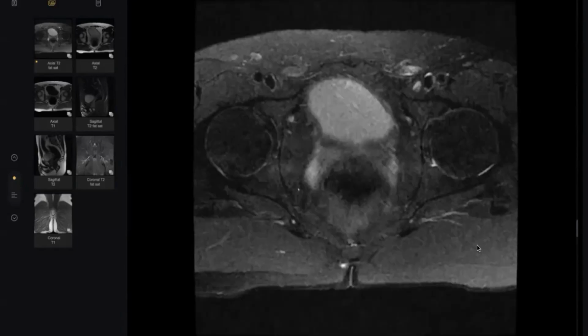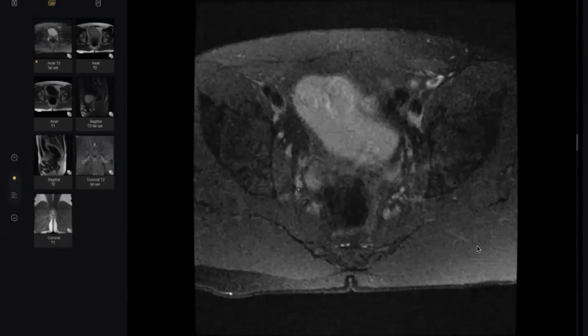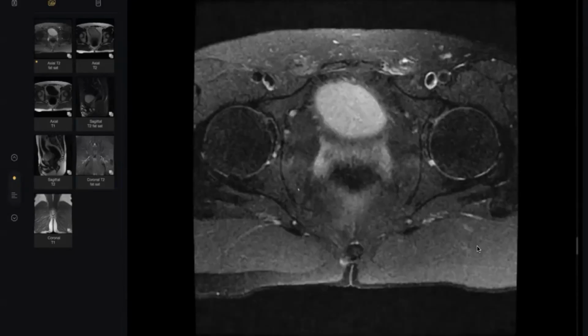Look posteriorly, doctor, more posteriorly. Sir, in this image there is a subtle shadowing, low signal noted in the base of the bladder.